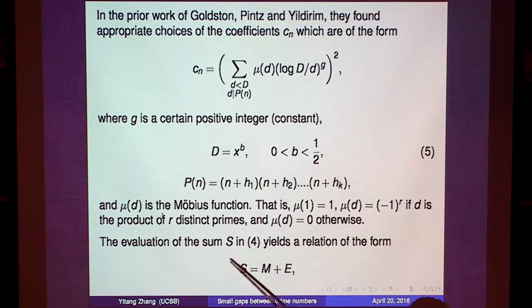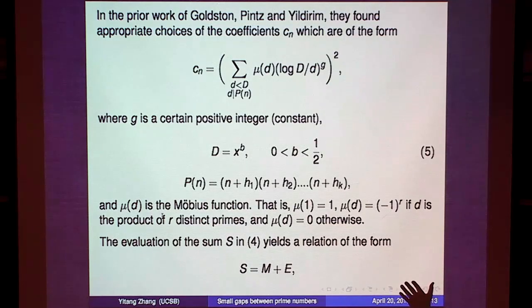Then the evaluation of the sum S given in (4). Let me just add some comments. That's also why we say number theory is similar to some experimental sciences. Usually we introduce the coefficient like this.